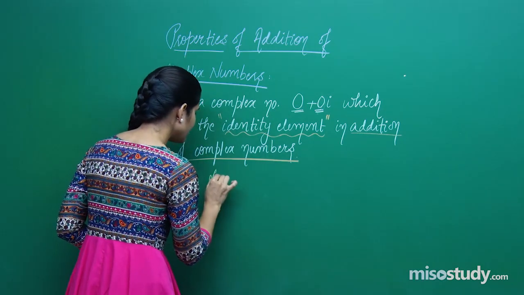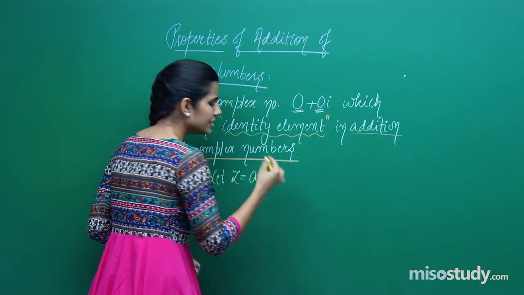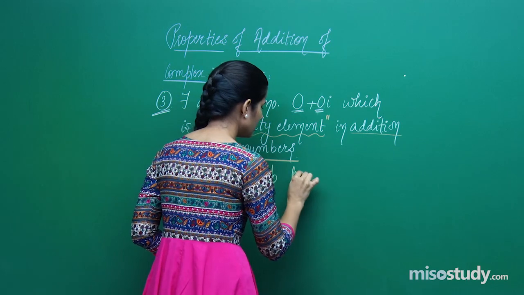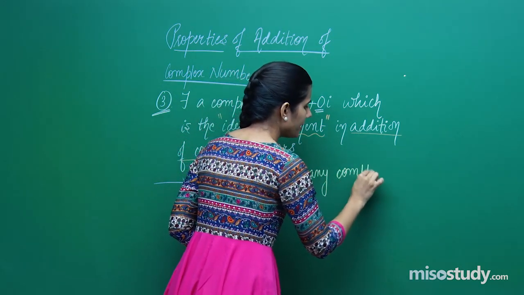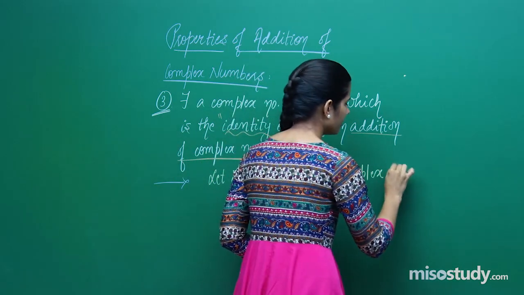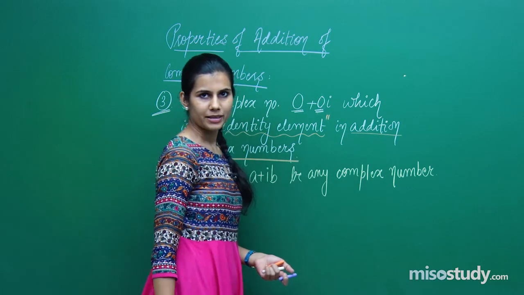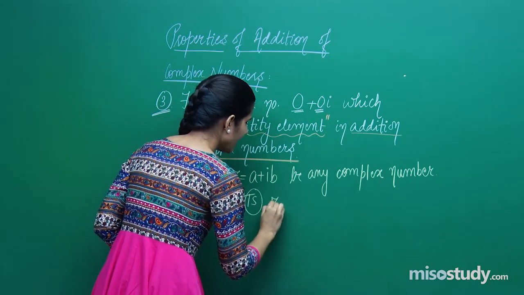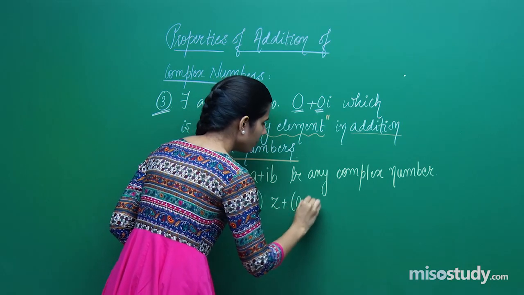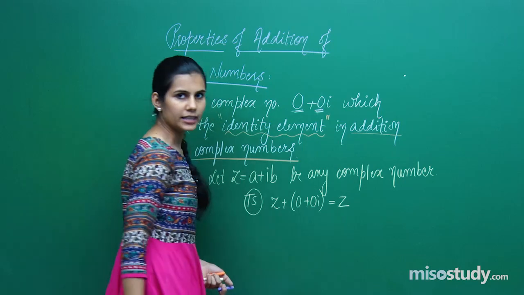So let z be equal to a plus iota b, this be any complex number. I have to show that when I add z with 0 plus 0 iota, I get back z only.